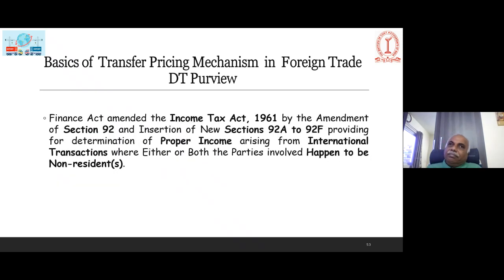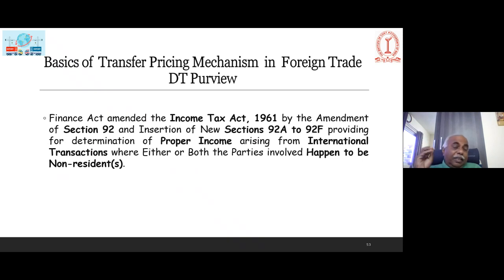The Finance Act amended the Income Tax Act 1961, amending section 92 and inserting sections 92A to 92F, providing for determination of proper income arising from international transactions.